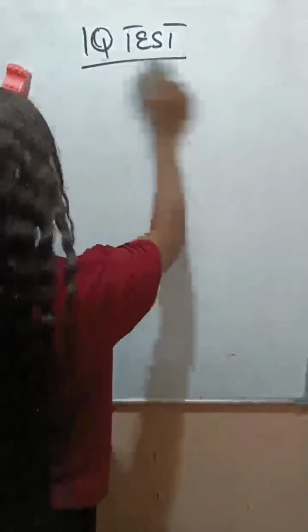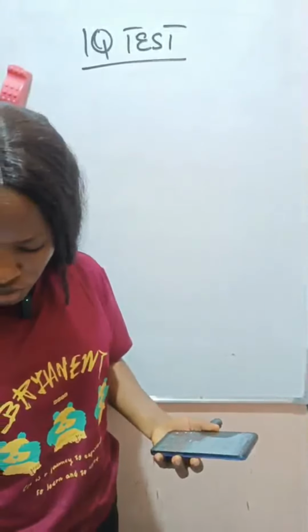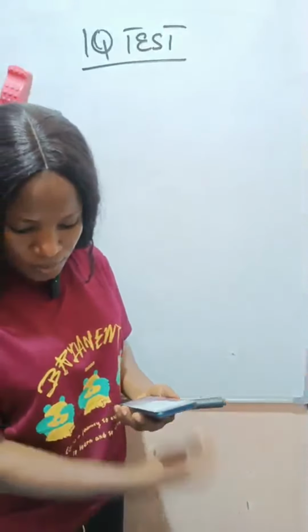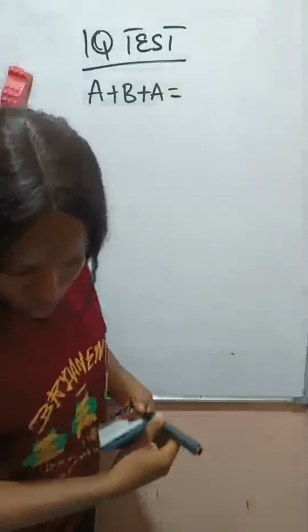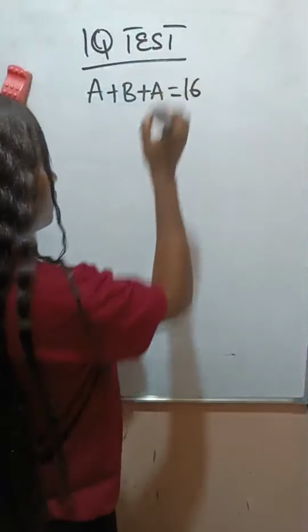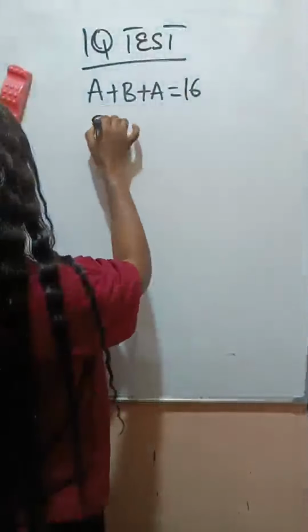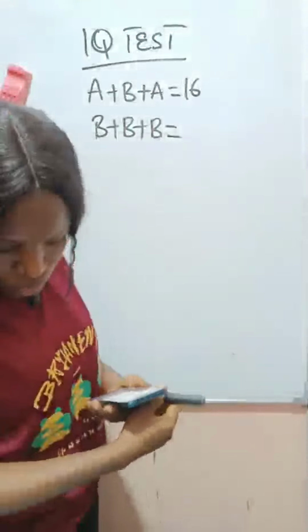Something similar to this, but this time we are going to have 3 unknowns. So when we have 3 unknowns, how do you go about it? This one says a plus b plus a is equal to 16, and we have b plus b plus b is equal to 12.